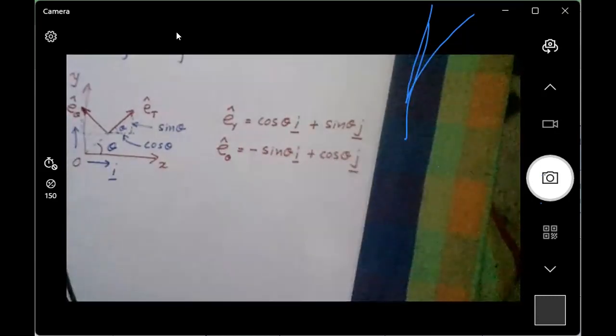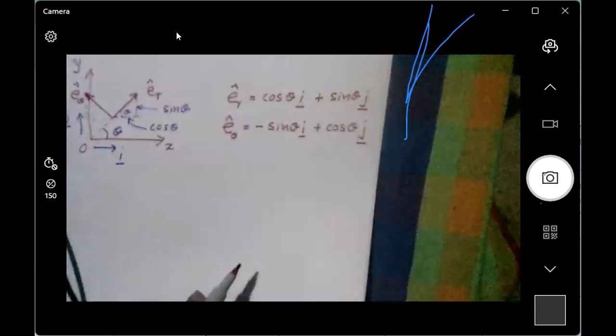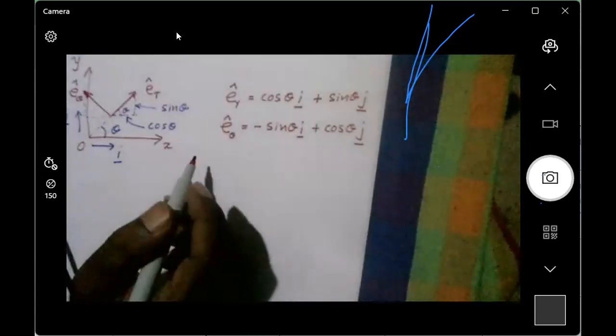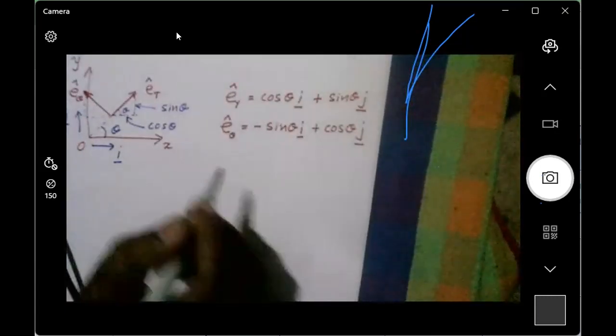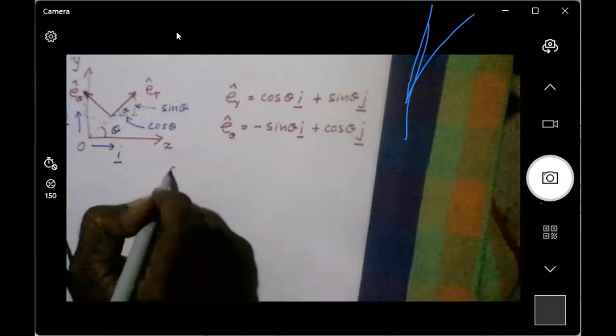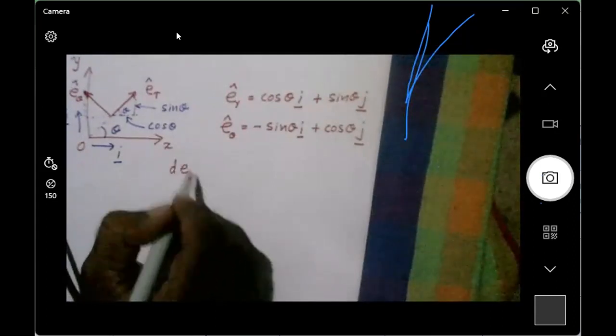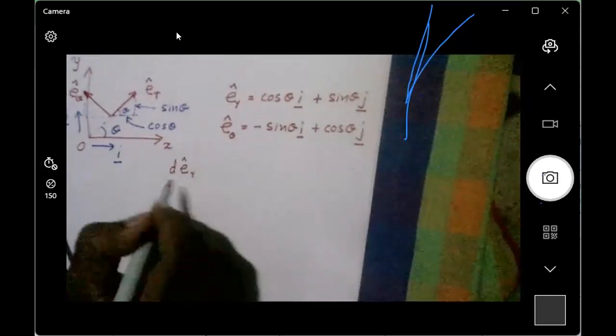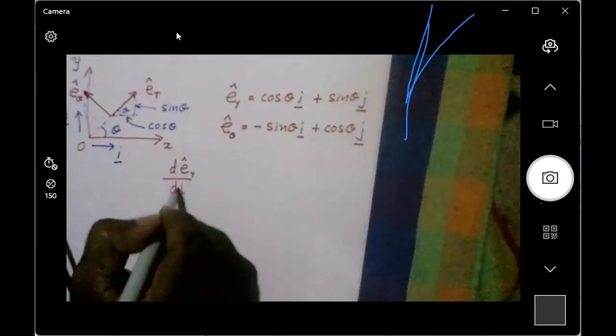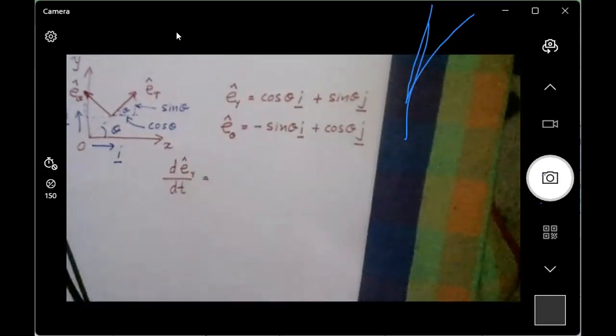Now what we need is to do our velocity and acceleration, we need d e r hat over dt. Can you get this one?